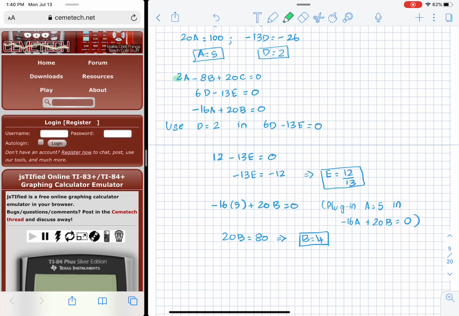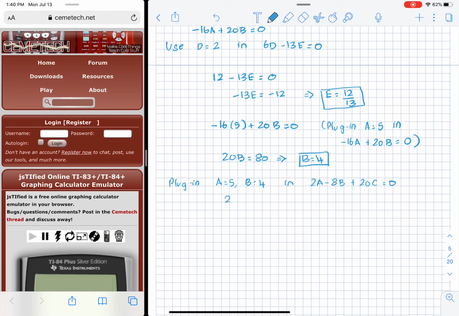So to get c, we're going to use that equation. Plug in a equals 5, b equals 4, in 2a minus 8b plus 20c equals 0.